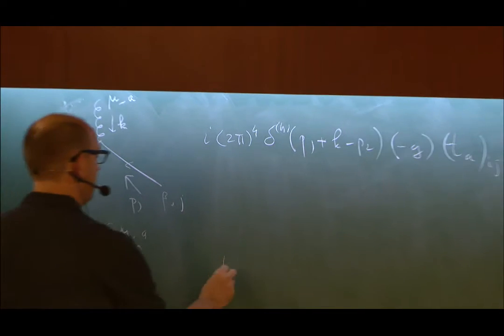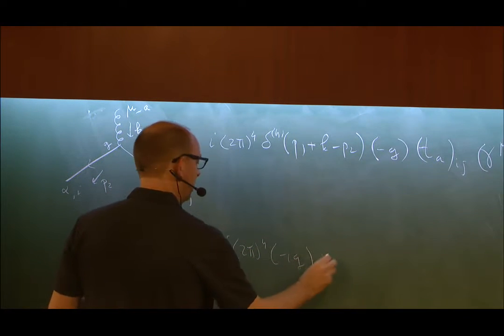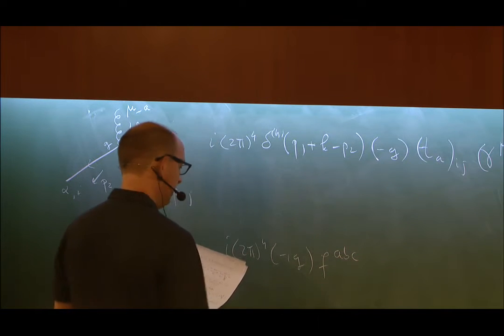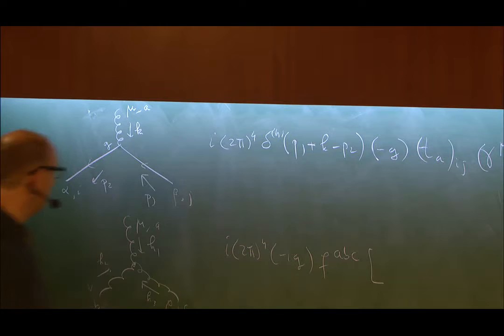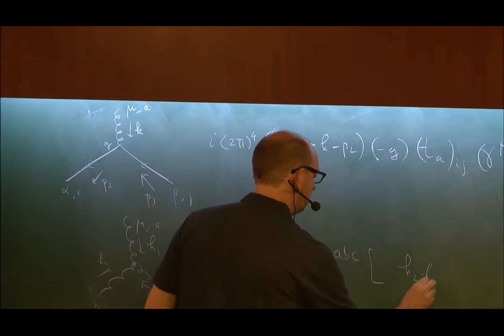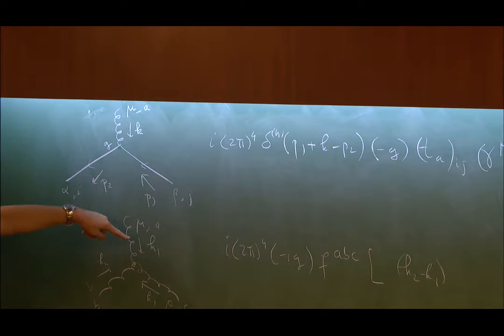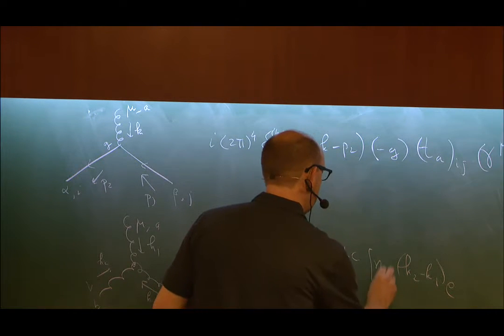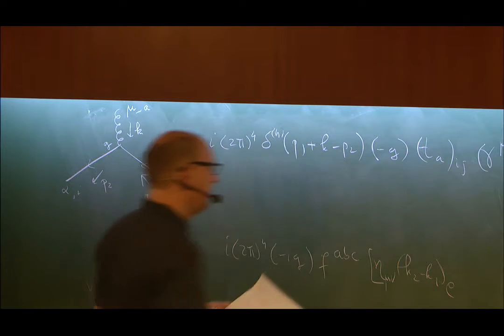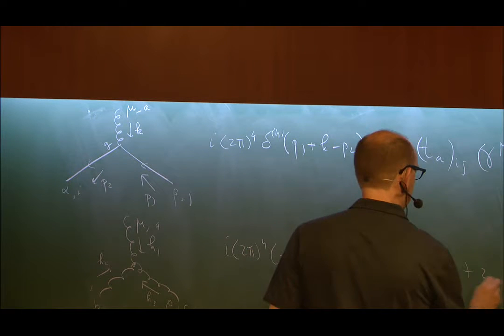And this rule is i 2 pi to the 4th minus i g f ABC. Well, I'll just write one term down. So it is K2 minus K1. Okay, so we start here, then go to the next one, K2 minus K1, with a Lorentz index rho. And then the eta is mu nu plus cyclic, plus 2 cyclic terms.